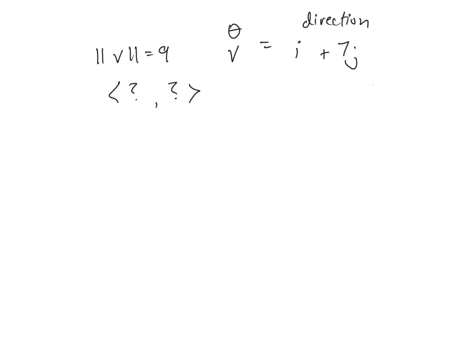To do that, we take our magnitude. So here we have a 1 and a 7. We take our magnitude and divide it by our distance formula, and multiply by the direction.